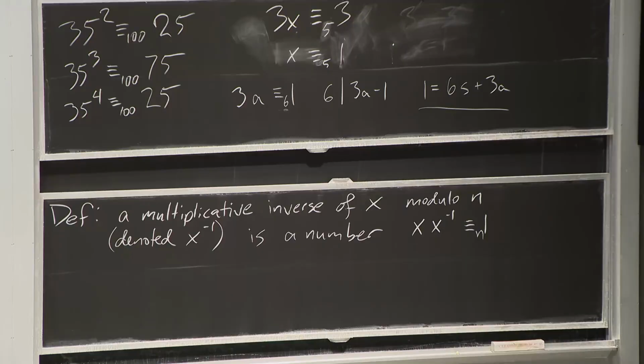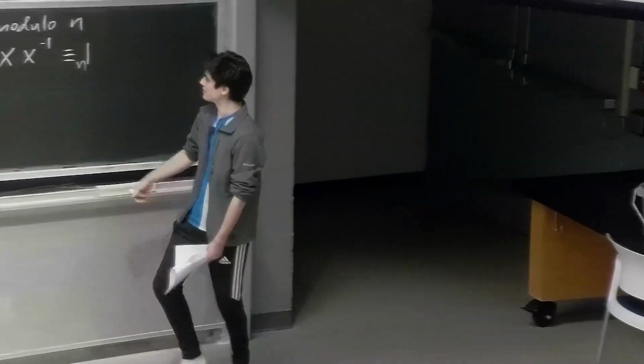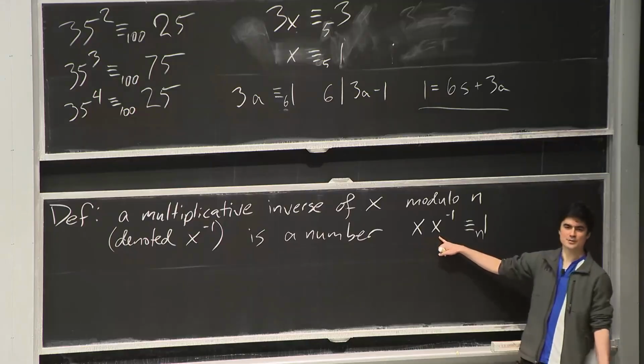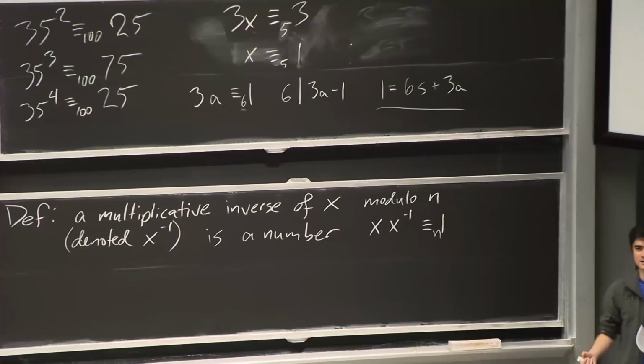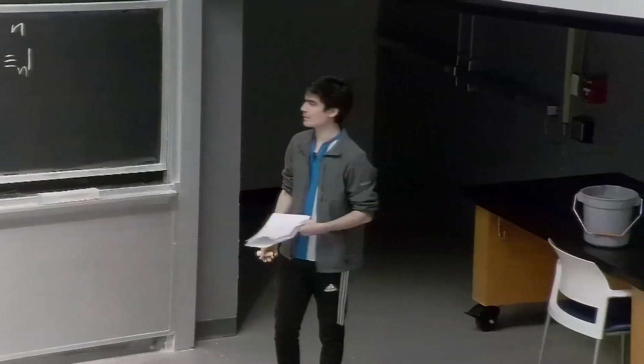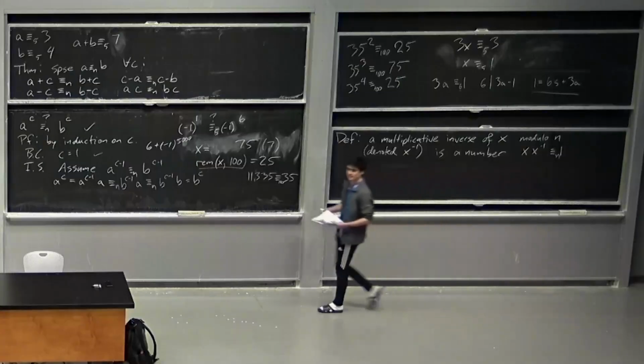Just as we have multiplicative inverses over the reals, where x times x inverse should be equal to 1, we are defining something analogous when we're working mod n. Does that definition make sense to people?